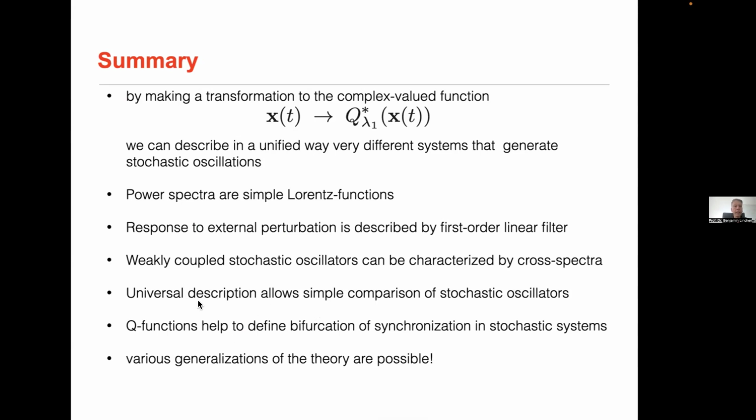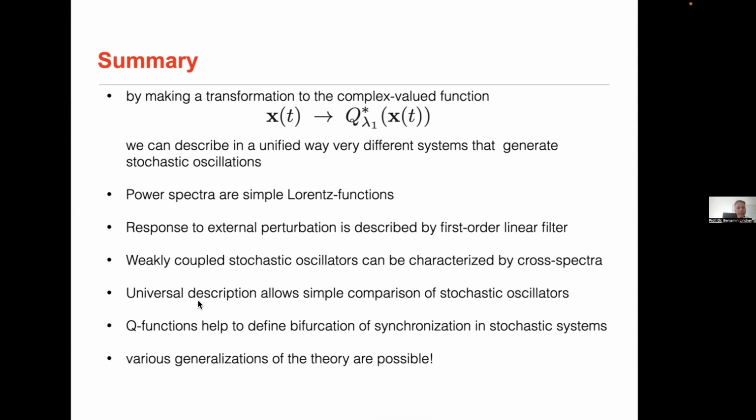And I should also point out, something that I didn't really do, that in this way you can also describe or compare distinct stochastic oscillators with each other. So a simple comparison becomes possible in that way, even for oscillators that live in state spaces of different physical dimensions, for instance, because you map all of them to a stochastic pointer.